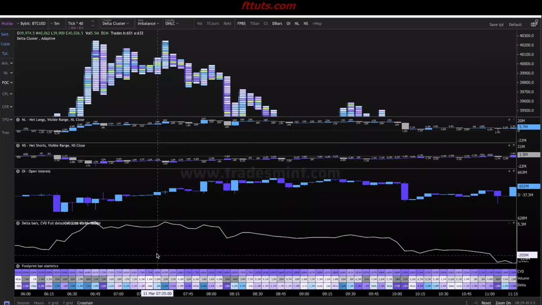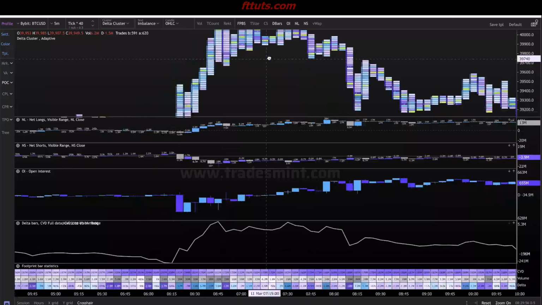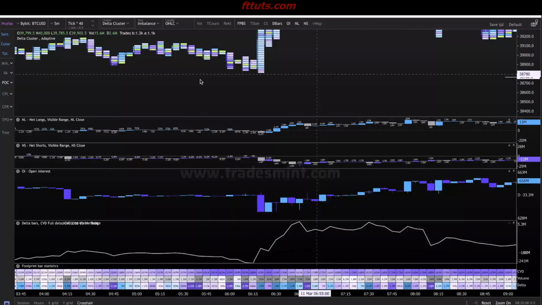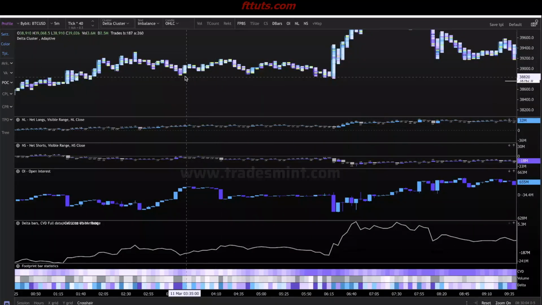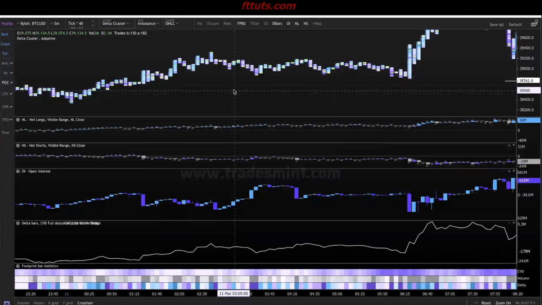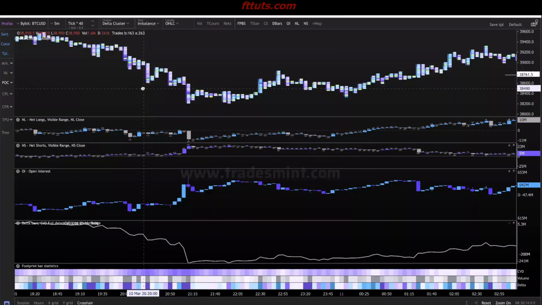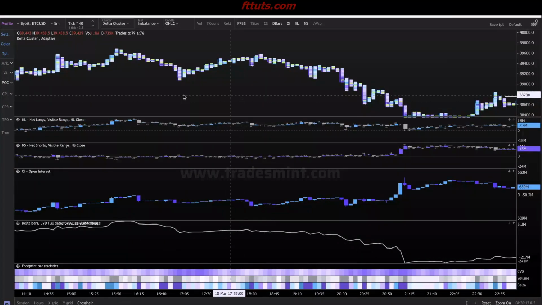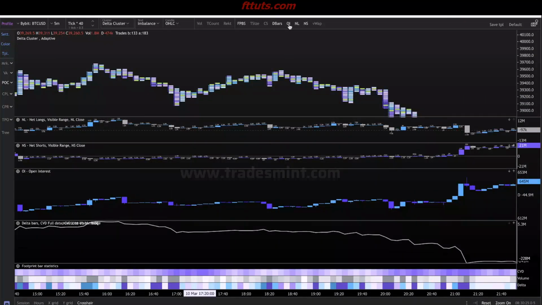I can't tell here if the CVD actually got higher or lower. CVD got lower, so that's not one. But I think you guys get the idea. I just want to see if we can find a good short where price made a higher low and a lower low and CVD made a higher low.